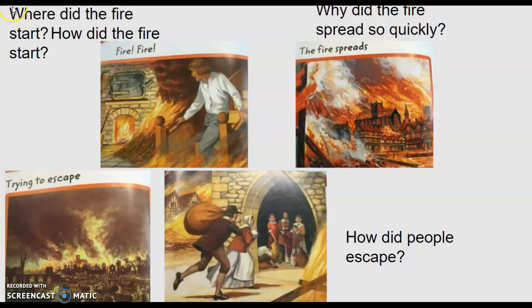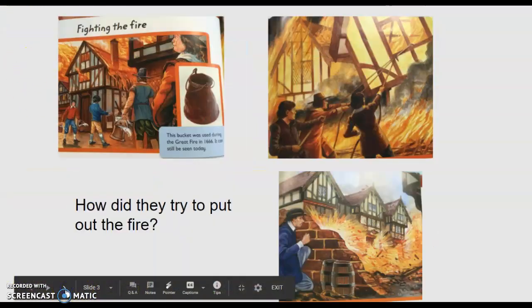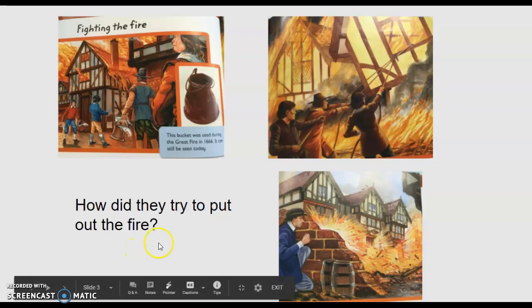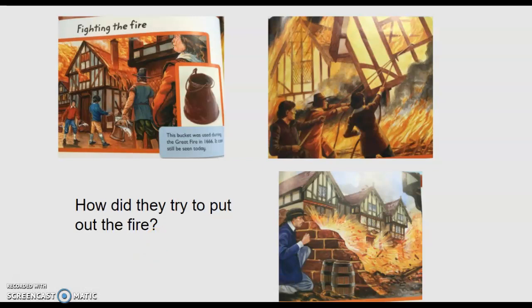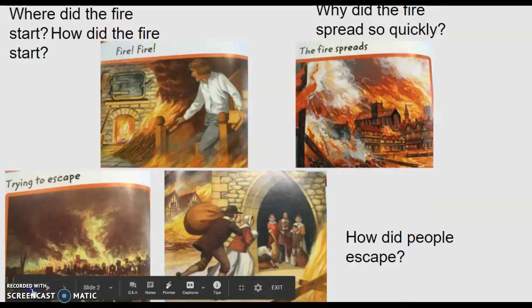Or you could imagine that you are one of the people trying to put the fire out. You could be using fire hooks to pull down the houses, but you're realising it's not really working. You could imagine that you are going to the River Thames and filling up your bucket with water to try and put the fire out.